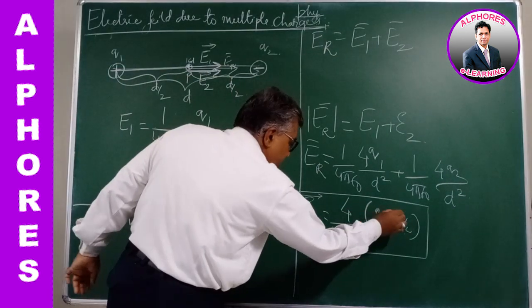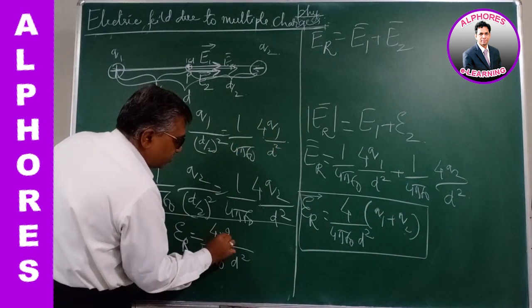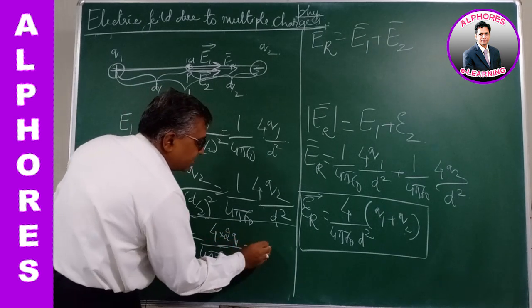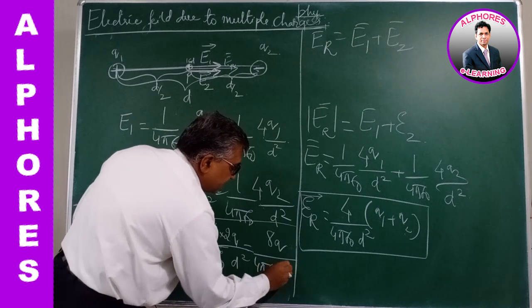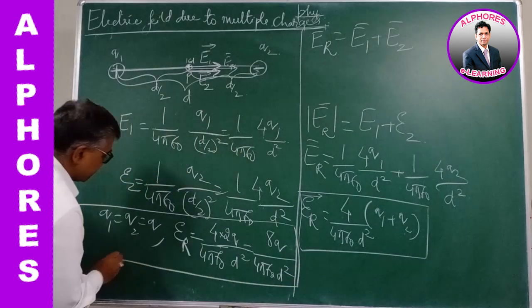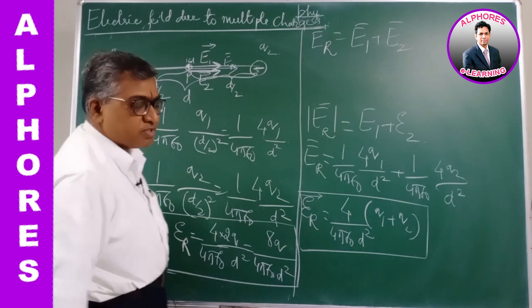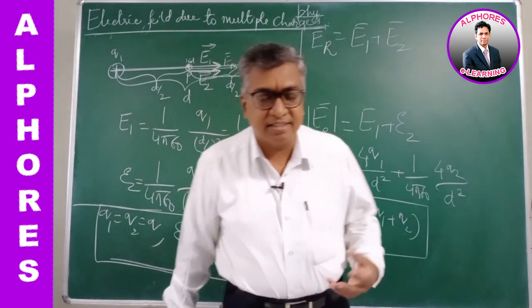Q1 is Q and Q2 is also Q. So this is 2Q. So the answer is 8Q by 4 pi epsilon naught d square. A very beautiful question, right? A previous entrance question. Usually people get confused.